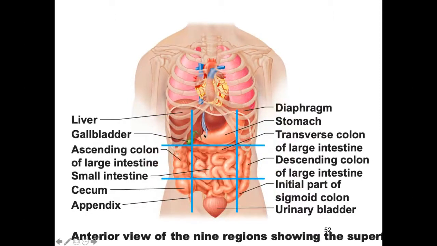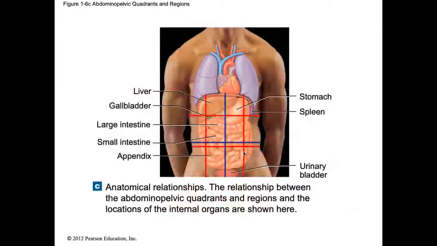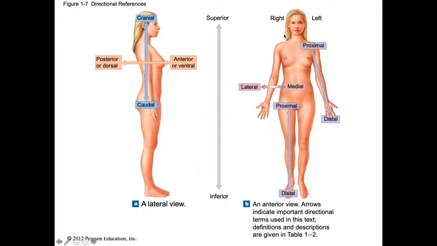And again, the 9 regions also have specific organs in each of them. Between the regions and the quadrants, most healthcare professionals use the quadrants compared to the regions, but here we can overlap both. You could see the blue line shows the 4 quadrants and the red shows the 9 regions.